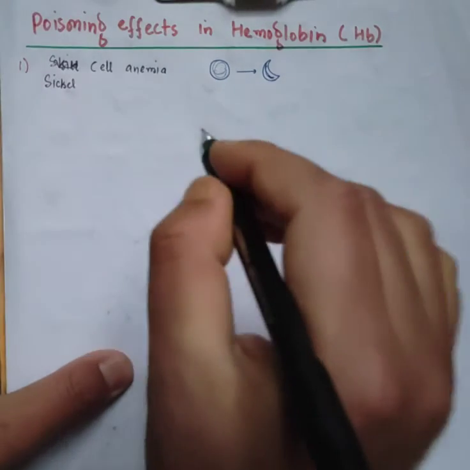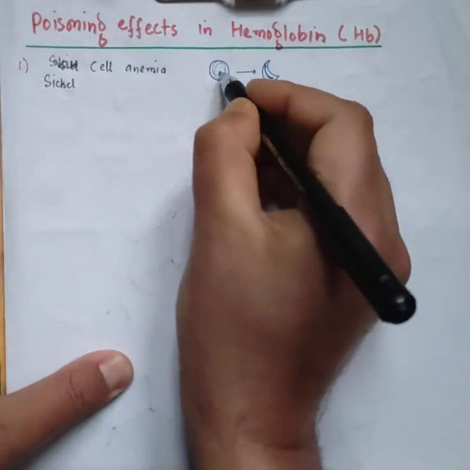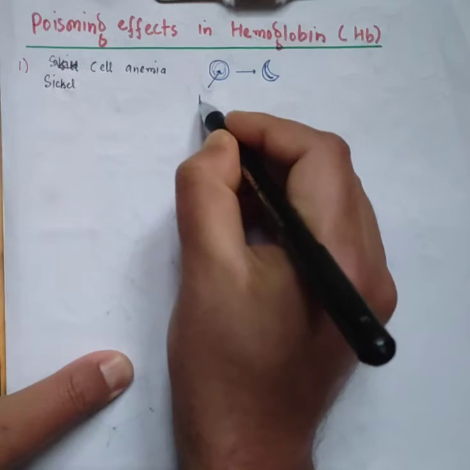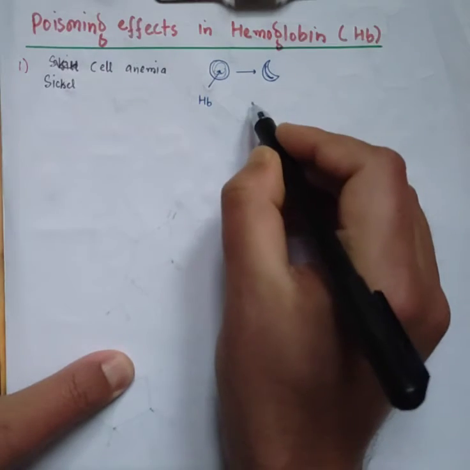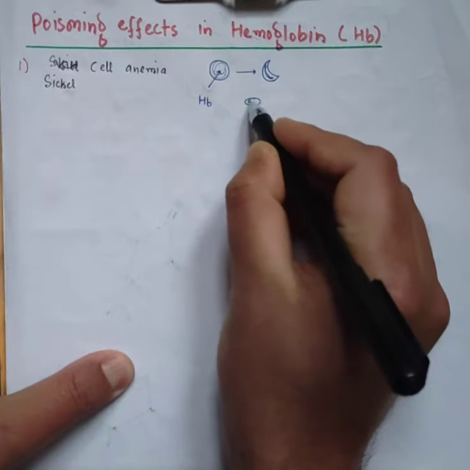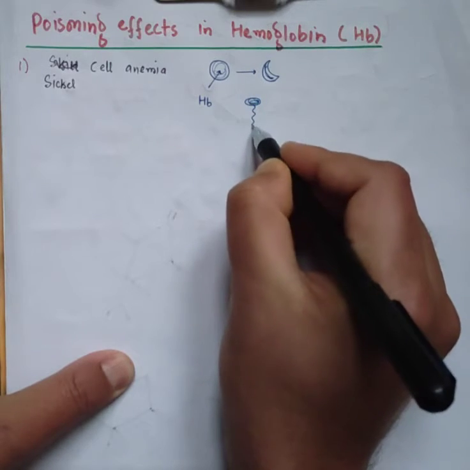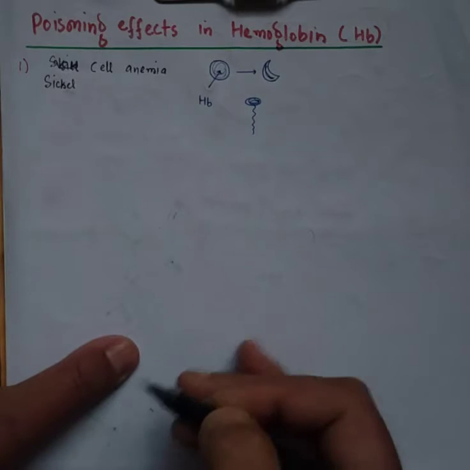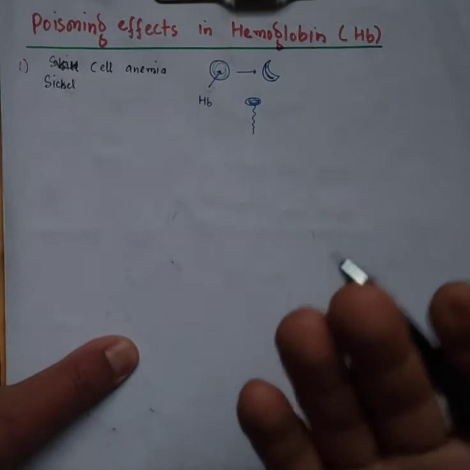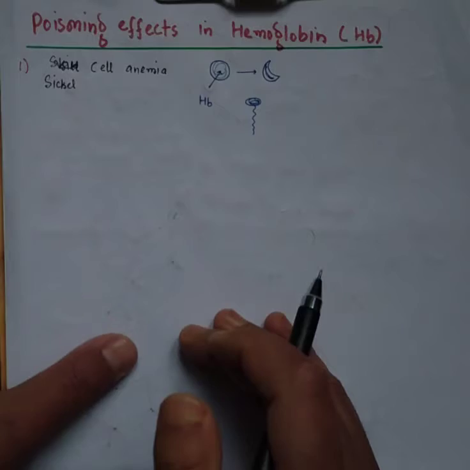Basically, the hemoglobin in the red blood cells, Hb, we know it has a porphyrin head and then a globin chain. There are 4 chains and 4 heme heads in hemoglobin.